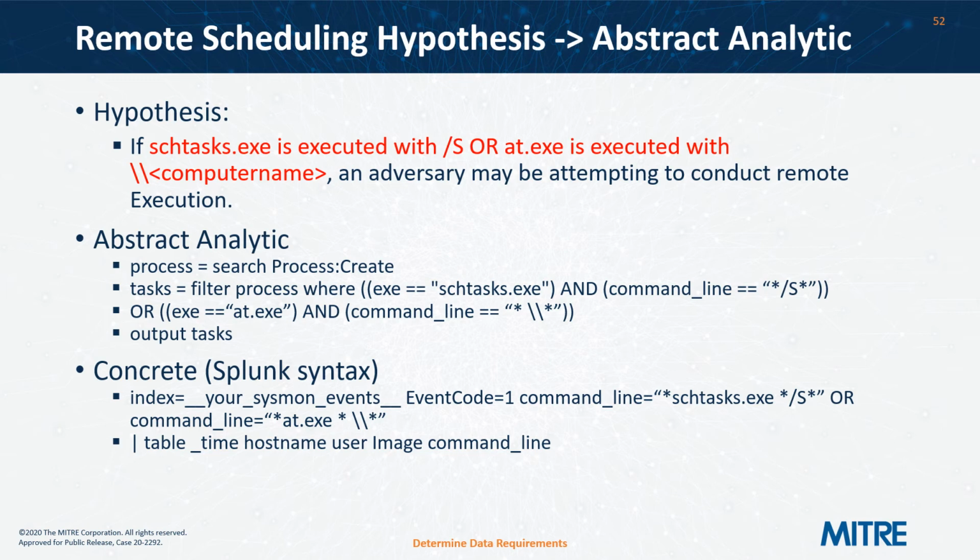We created an abstract analytic associated with that hypothesis, which specified the use of process creation events and filtering based on command line arguments. At this stage, we know about Sysmon event ID 1 and can specify a concrete analytic, again in Splunk syntax for this example, using that specific data source.